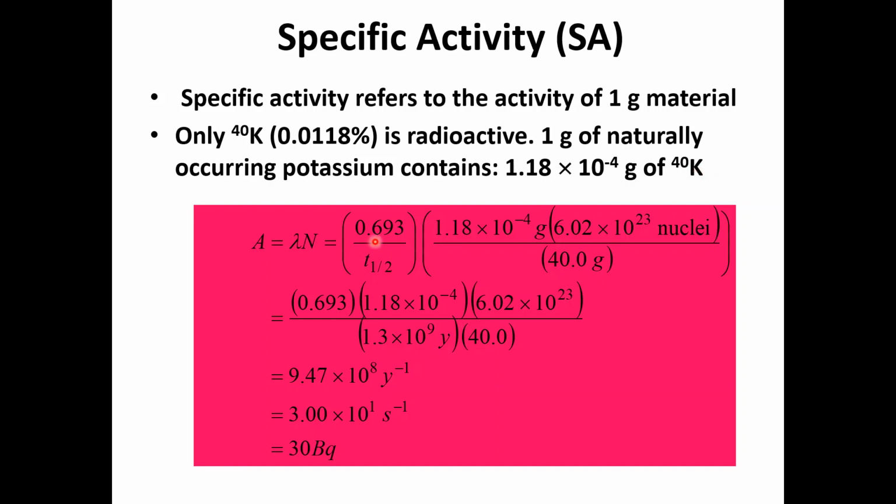So if we calculate the specific activity, we have the relation A is equal to lambda N. For lambda, the decay constant, we have this value, and for N we have a specific value, but here we are not mentioning that; we just put the values directly, as we have all the values.